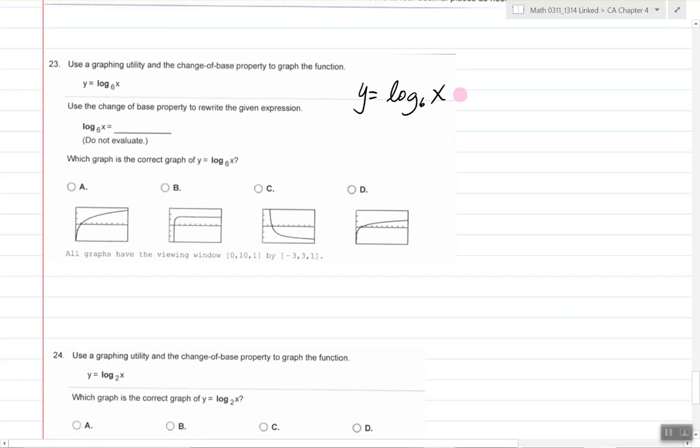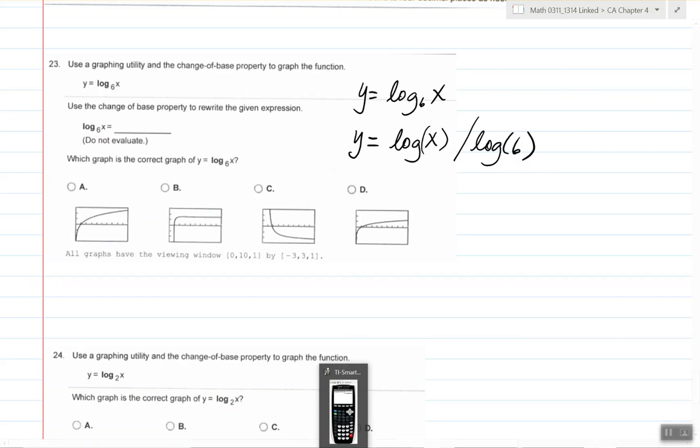So you would say, well, I'm going to use common logarithms. So it is the common log of x, and that would be in parentheses on the grapher, divided by the common log of 6. You would type all of this in and then look at the graph. So let's do that.